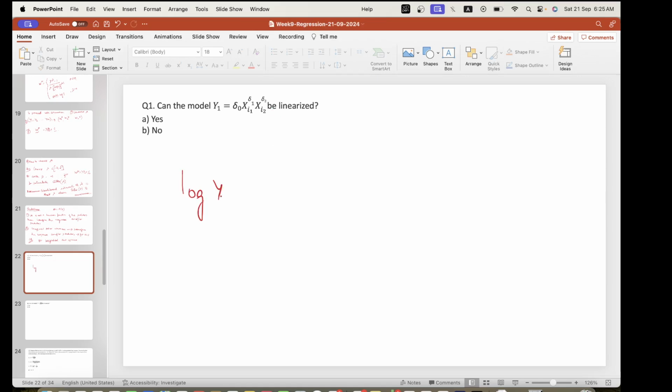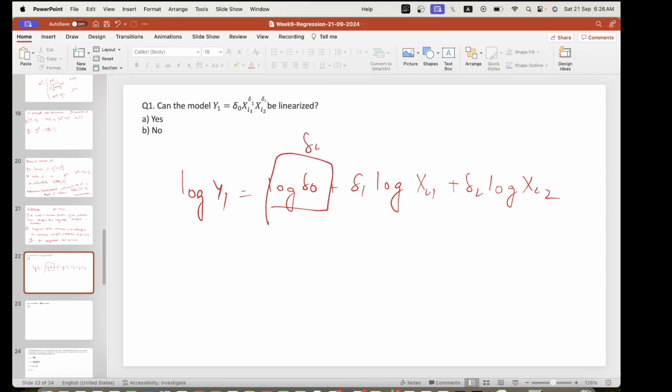If we take log of y_i, we'll have log of delta naught plus delta 1 log of x_i1 plus delta 2 log of x_i2. Now if we consider log delta naught as delta naught star, then this is a linear model, because it is linear with respect to the parameters, and this forms a good LM model.